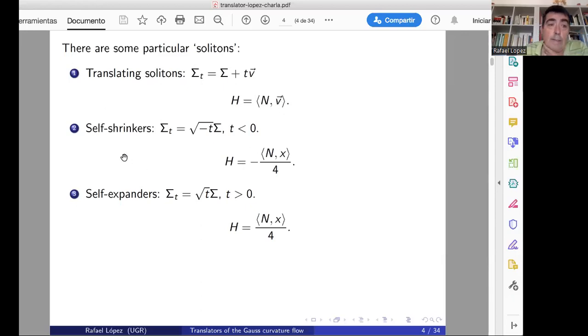And also self-shrinkers and self-expanders, where the idea is that the solutions are invariant by dilatation of the space. Depending on whether t is negative or positive, the surface satisfies some equation about the mean curvature. This is the equation.